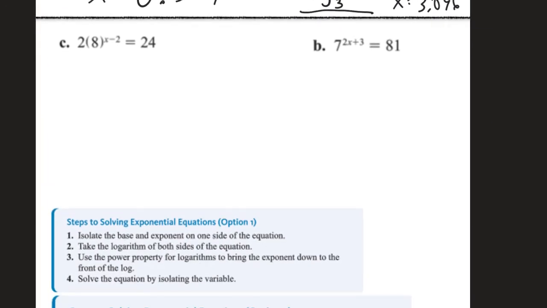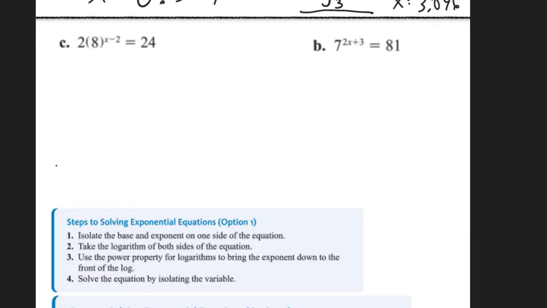Okay, so let's look at some other examples. Here we have some exponential equations that seem like they could be a little bit more challenging, but probably very doable. If you're looking at something like this and you're just panicking, my advice to you is to just aim for the first step.